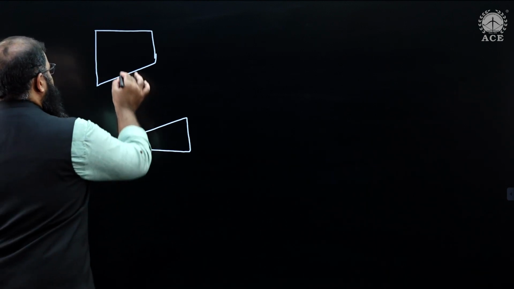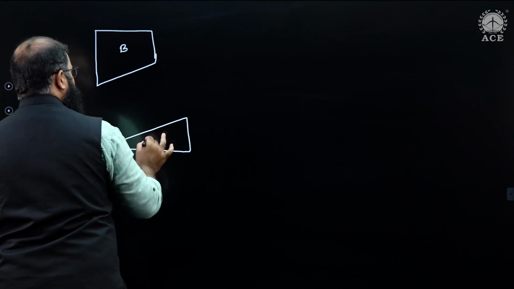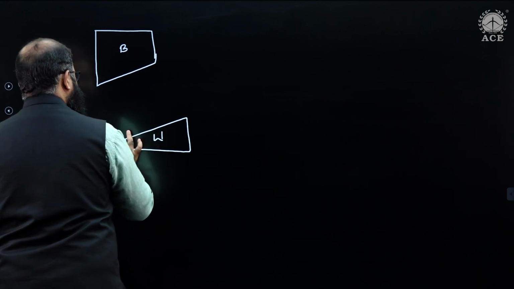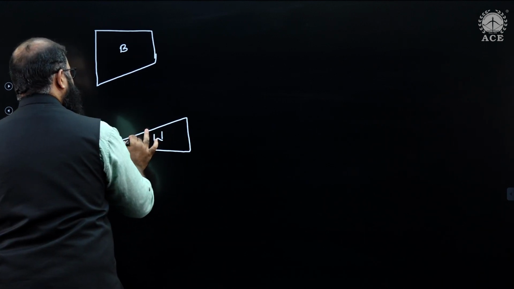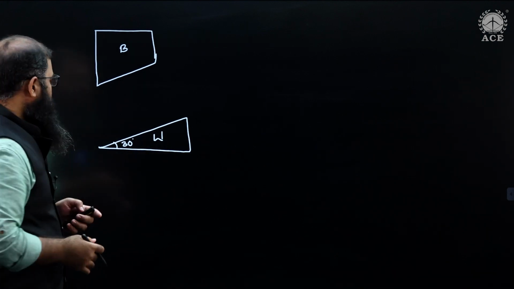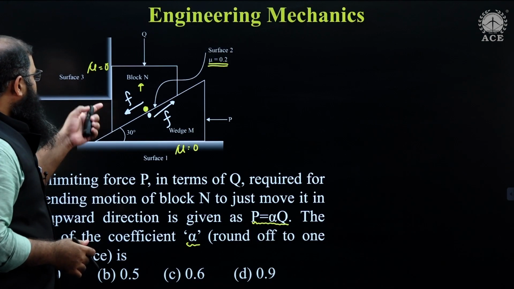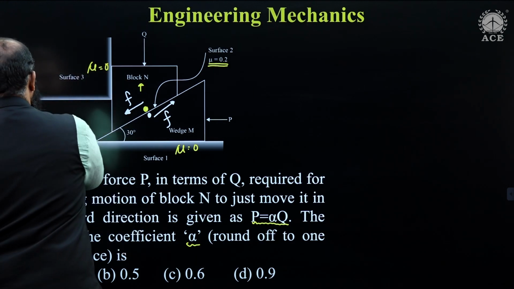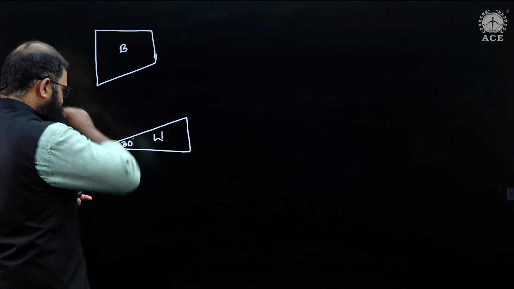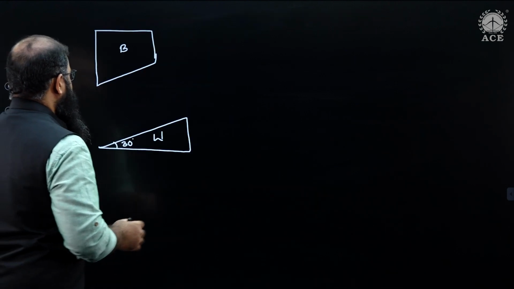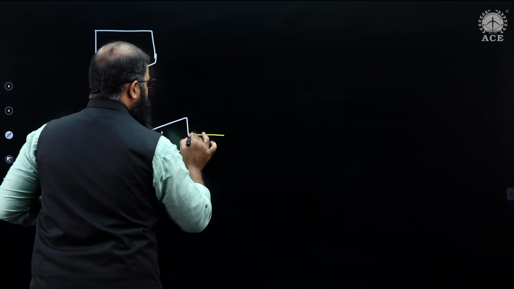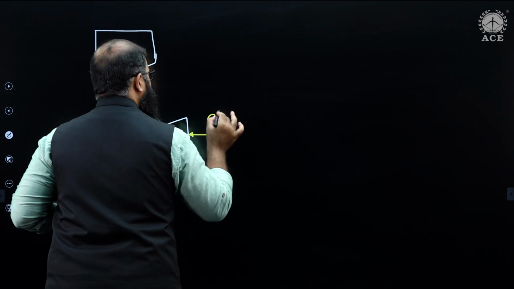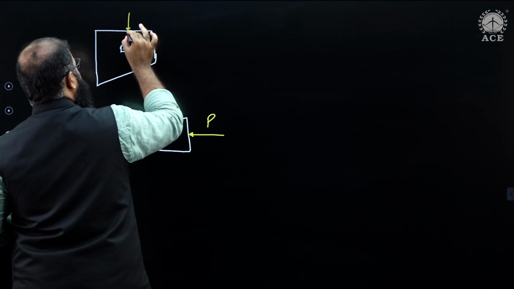So I have the block, and this over here is the wedge. Angle is 30 degrees. Please do not scale my diagrams, right? The forces which are applied forces are P and Q. So let me mention over here, I'm having a P over here. I'm having a Q over here.